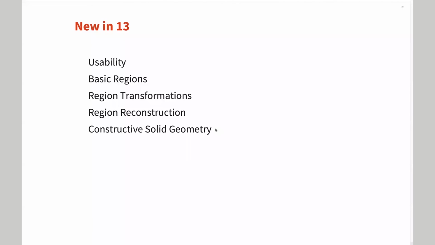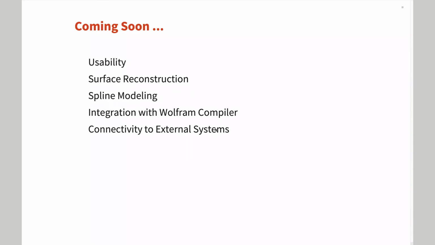Our two main key features for this release are surface reconstruction and our initial set of functionality for constructive solid geometry. In the coming releases, we'll extend usability and add more functions for surface reconstruction.